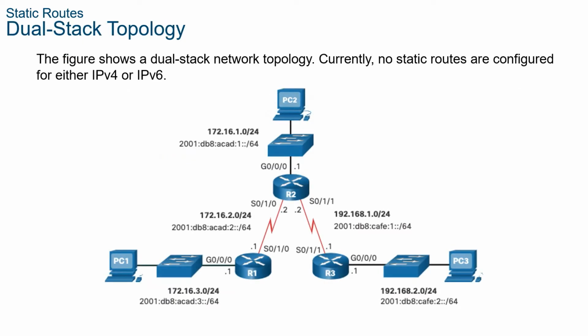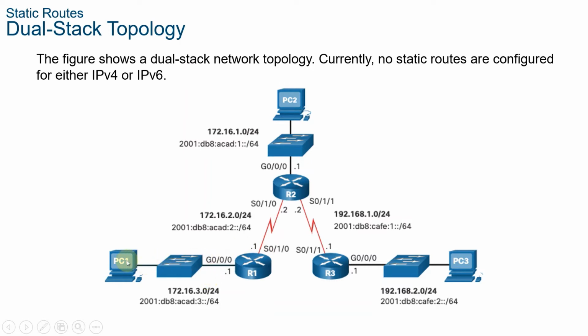We will be using this even in my demonstration. This topology is what you call a dual stack topology. This figure shows a dual stack network topology. Currently, no static routes are configured for either IPv4 or IPv6.